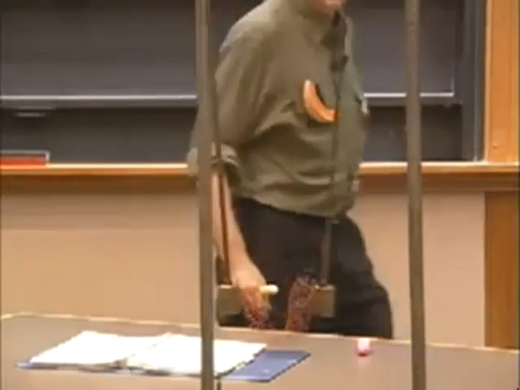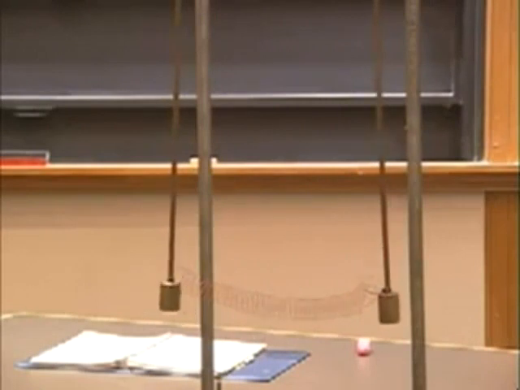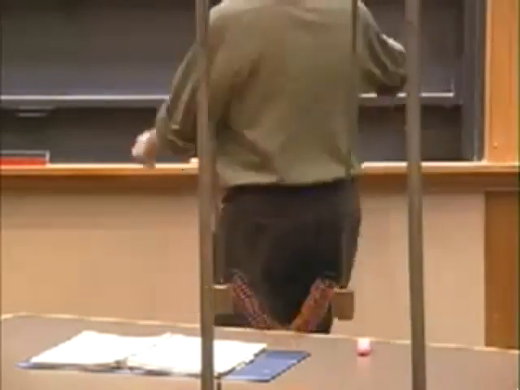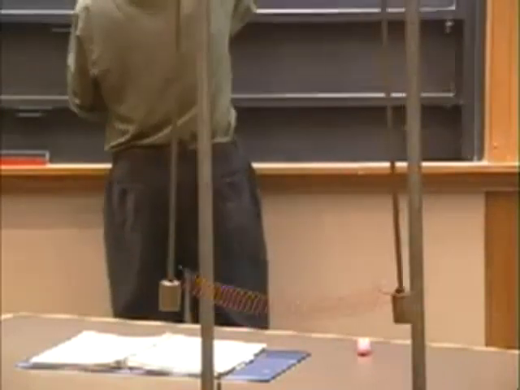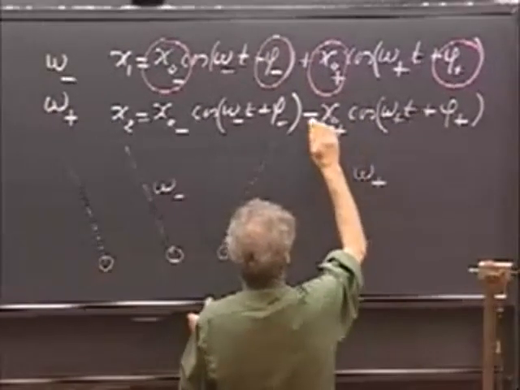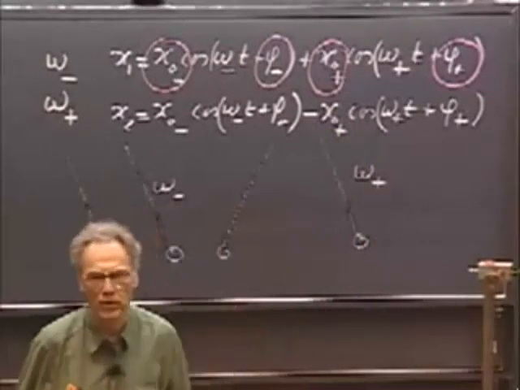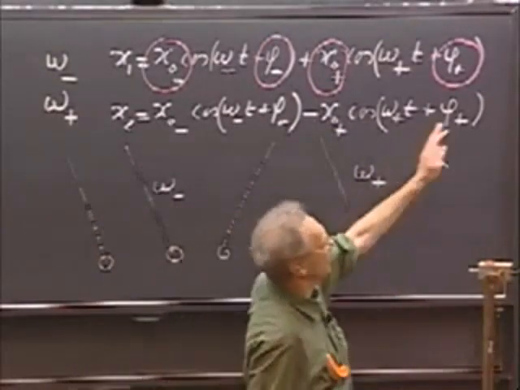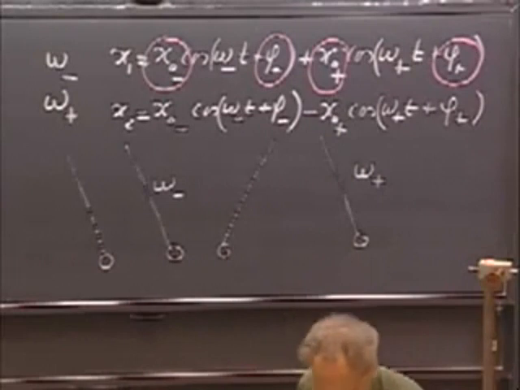There we go. Notice they oscillate with the same frequency, and they are coming to a halt at the same moment in time. But if one is here, the other is there. And so therefore, this one here must be minus x0 plus. That minus sign now gives me the 180 degrees. So I could still keep that phi plus there.